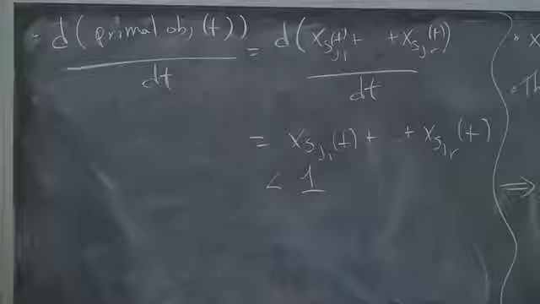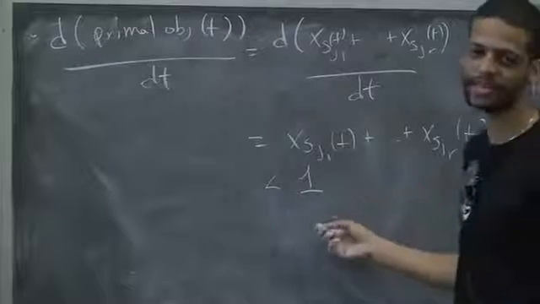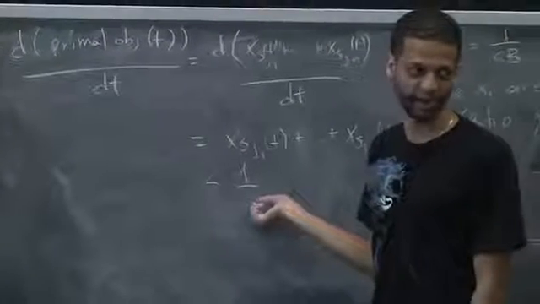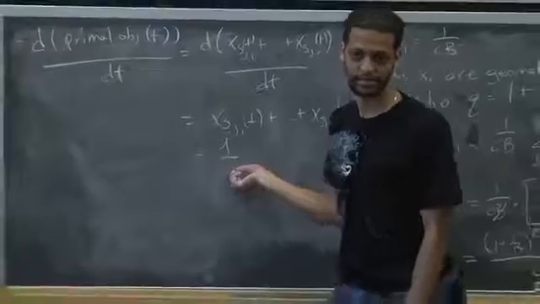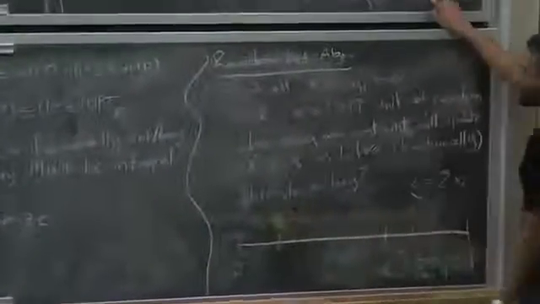Now, the objective starts off at 1, because x starts off as 1 over m everywhere. So our primal objective starts off as 1. And the way that it changes over time is that every time unit, it increments by at most 1, and it only runs for opt times ln m time units.